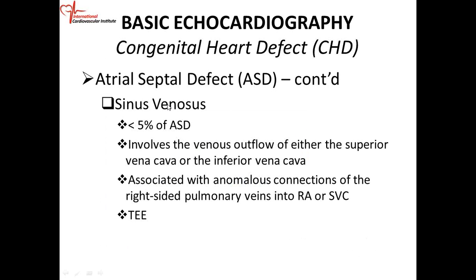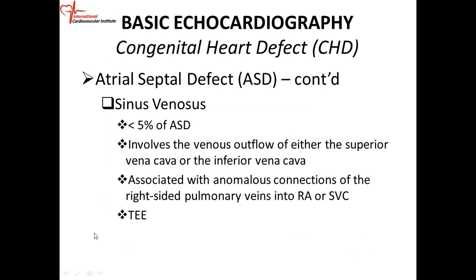All right, so the sinus venosus defect occurs in less than 5% of your ASD patients. It involves usually the venous inflow of either the superior vena cava or the inferior vena cava. So it's very difficult to detect on your regular transthoracic echo, and you commonly need your transesophageal echo to make the assessment.